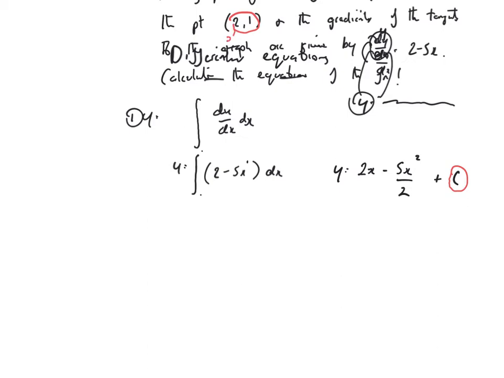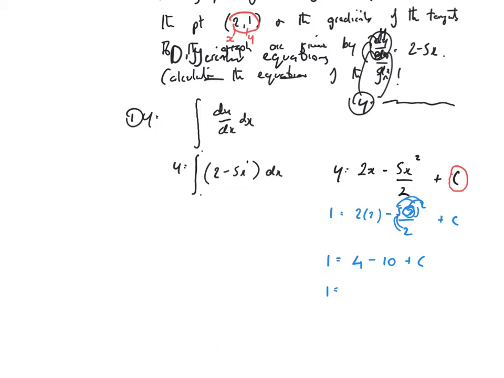I know that the x coordinate is 2 when the y coordinate is 1, and that should allow me to find that constant of integration. So 1 equals 4 minus, 2 squared is 4, times 5 is 20, 20 divided by 2 is 10.